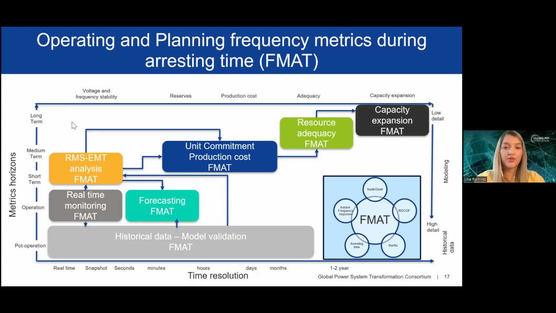Forecasting those metrics is important, so having simulations or analytic techniques to forecast the metrics is key, and doing RMS and EMT analysis to check if we have enough resources for providing that frequency response during the resting period, considering also unit commitment, production cost, resource adequacy and capacity expansion studies, so that in the future we have the resources that we need to maintain frequency stability during the resting period.